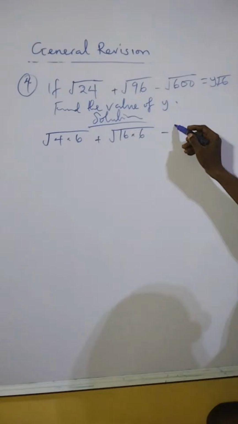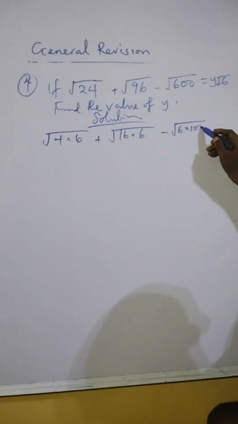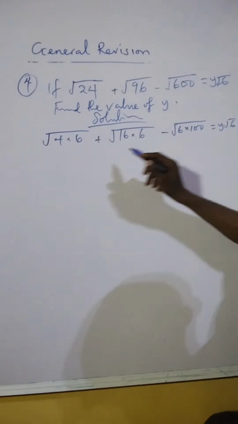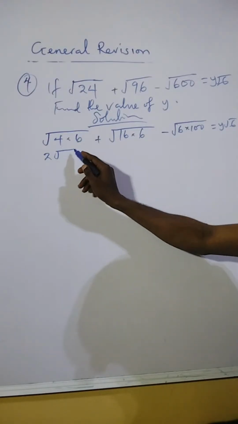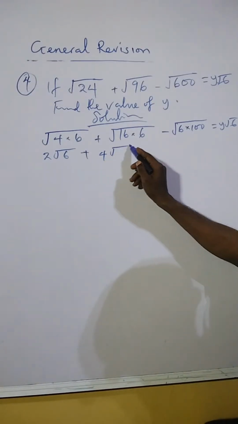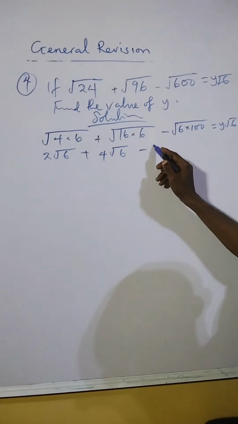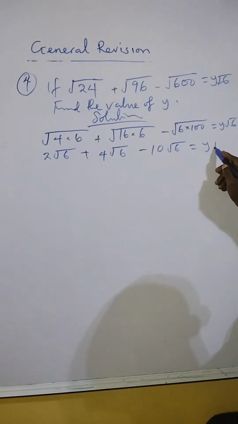Then minus root 600, that's root 100 times 6, equals y root 6. So here, root 4 is 2, this becomes 2 root 6, plus root 16, that's 4 root 6, then minus root 100 is 10, that's 10 root 6, equals y root 6.